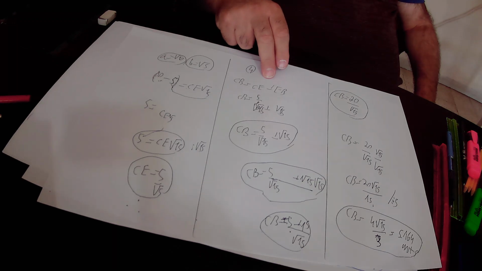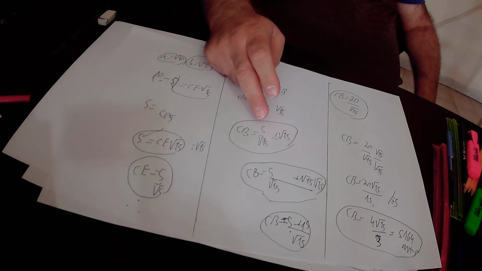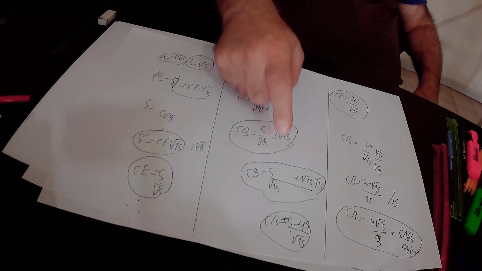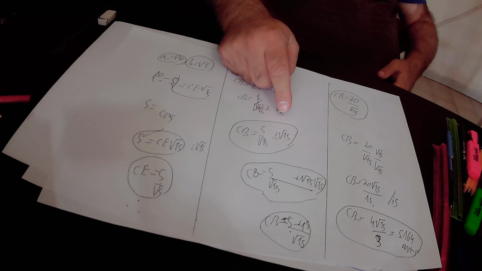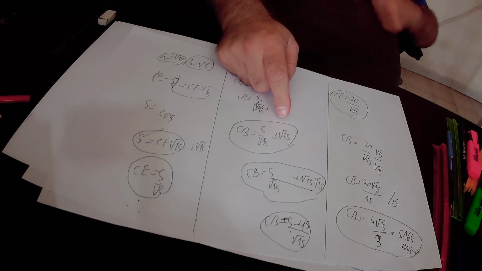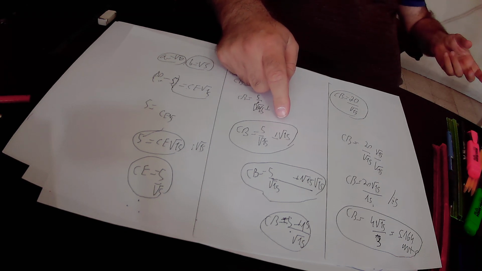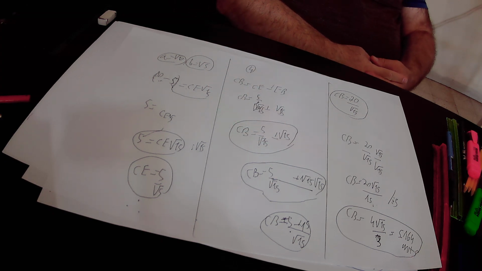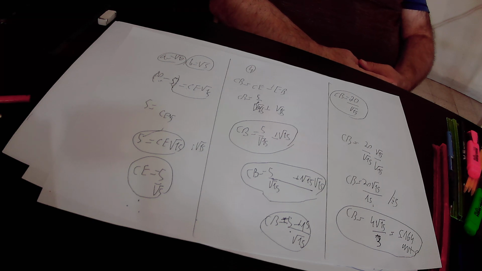Because here CB equals 5 over square root of 15, and then we took square root of 15 and multiplied by square root of 15, and then divided by square root of 15. Square root of 15 over square root of 15 is 1. It is allowable to multiply anything by 1 because you change nothing by it. So we did a correct operation.